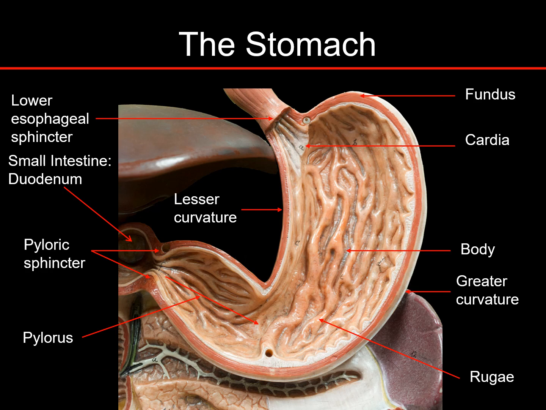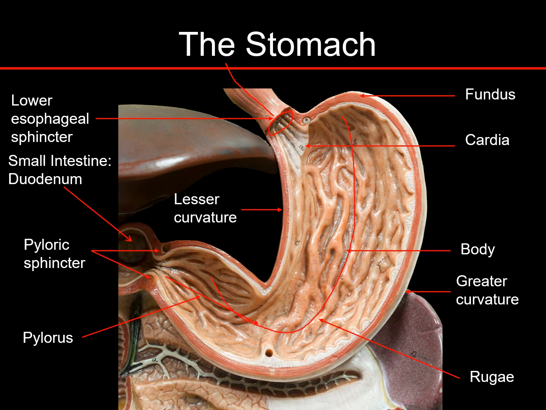If we look, here's the esophagus coming down, and you notice here's that lower esophageal sphincter that is going to close, hopefully, when that food enters the stomach. Then if we look at the different regions of the stomach, you see it's kind of backwards C-shaped.